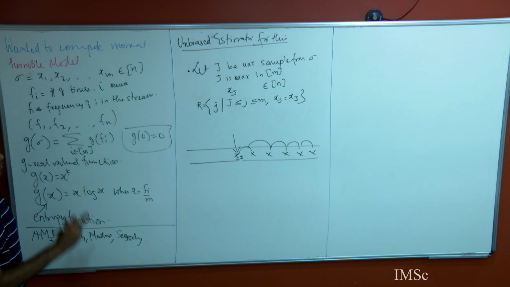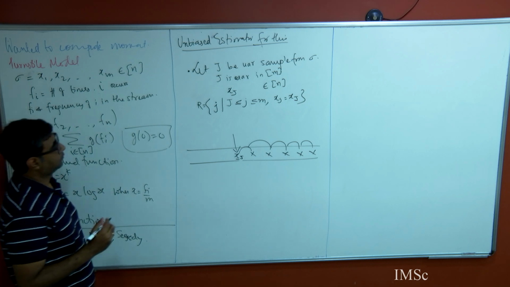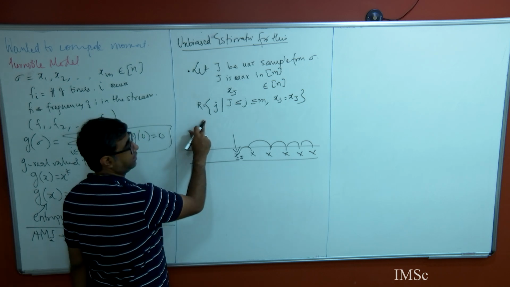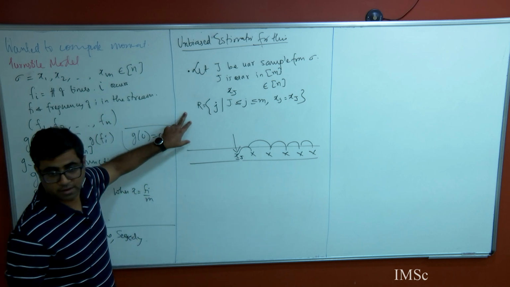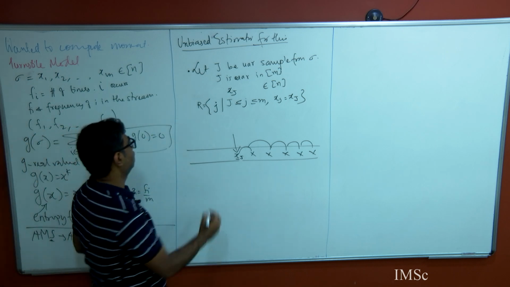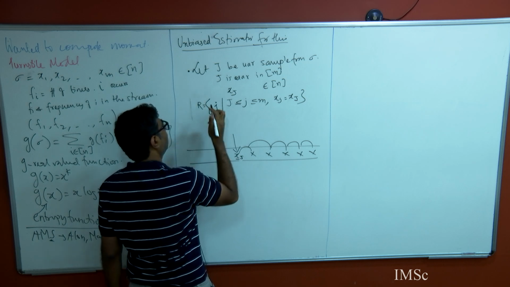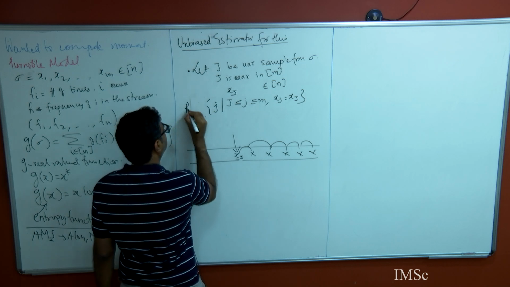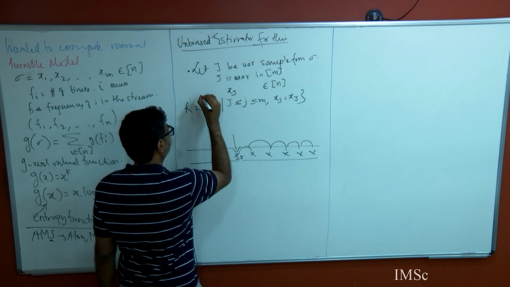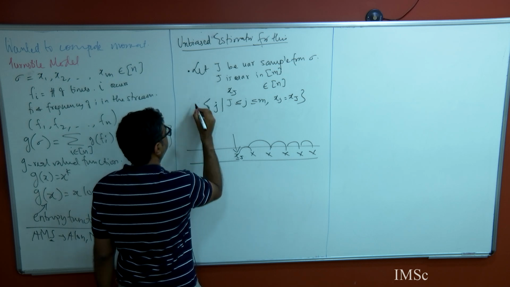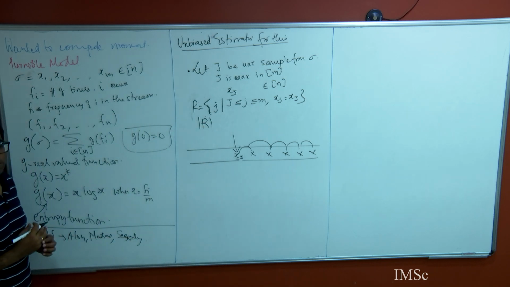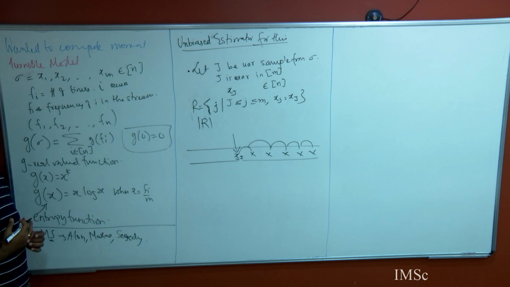This is the set R. Notice R is a random variable, and what I am more interested in is the cardinality of R. So what are the possible values of R?